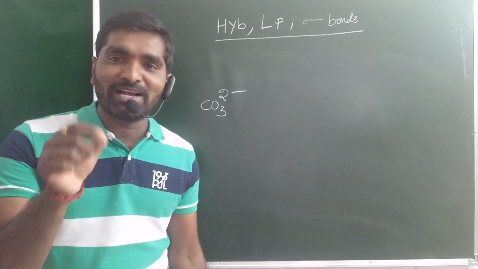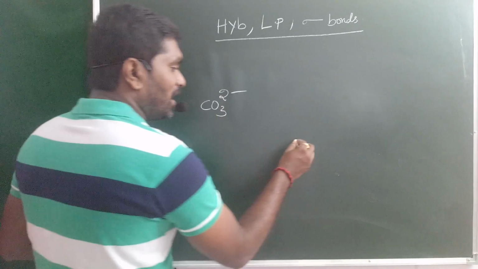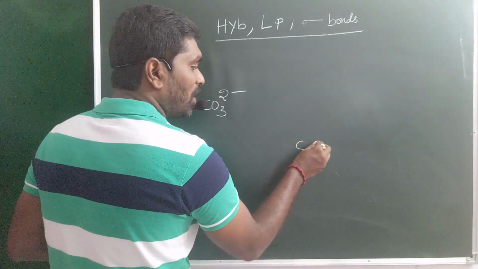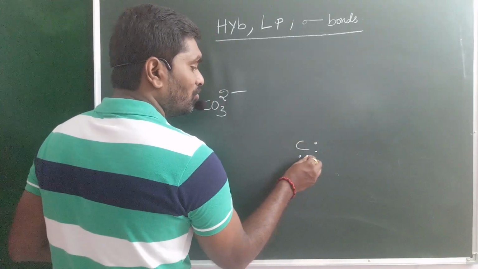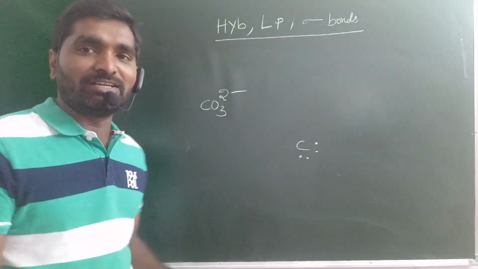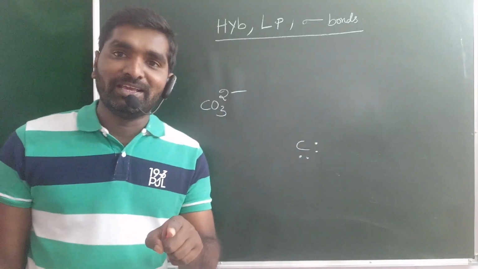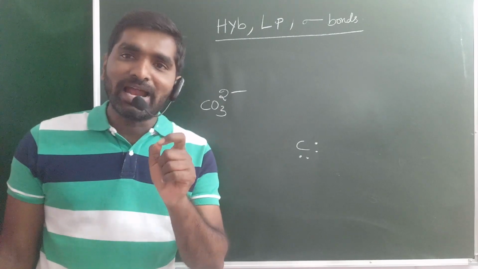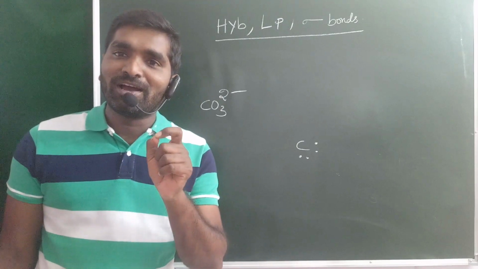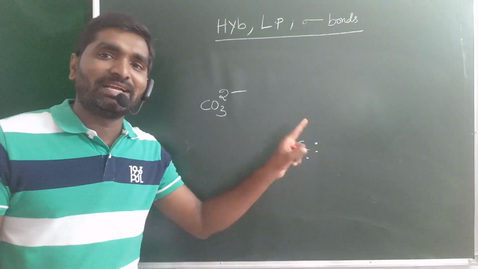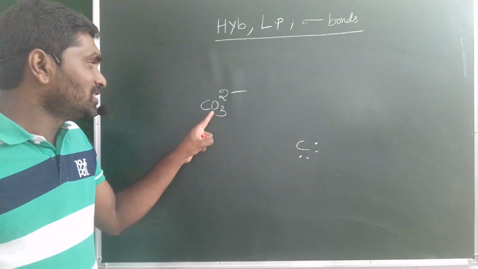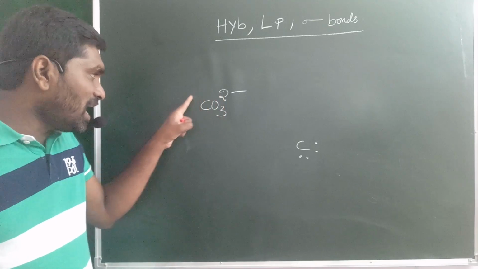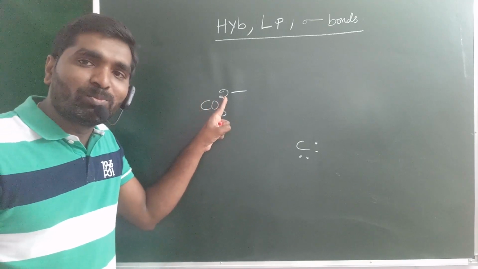The central atom is carbon. The carbon valency is 4: 1, 2, 3, 4. 4 electrons are present. More importantly, if the charge is negative, you just add the same amount of electrons to the central atom. Look at this one. In CO3 2 minus, the charge on this acid radical is 2 minus.